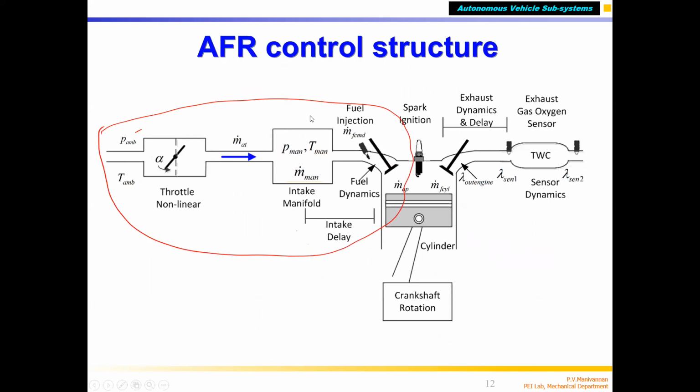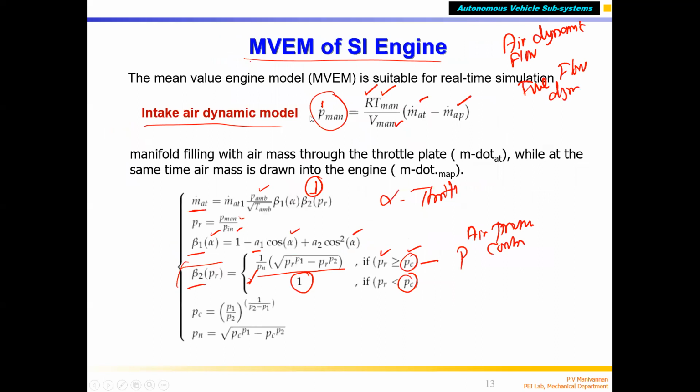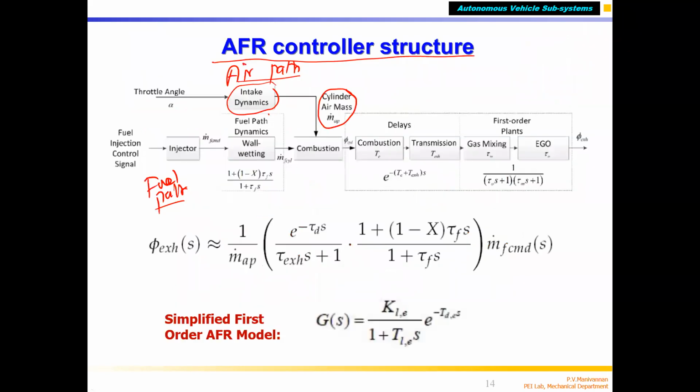Using this equation we have already written the intake dynamics. This is the air intake dynamics model, the whole equation, giving the amount of mass of air inside the cylinder. Finally, the equation is given here as air dynamics.